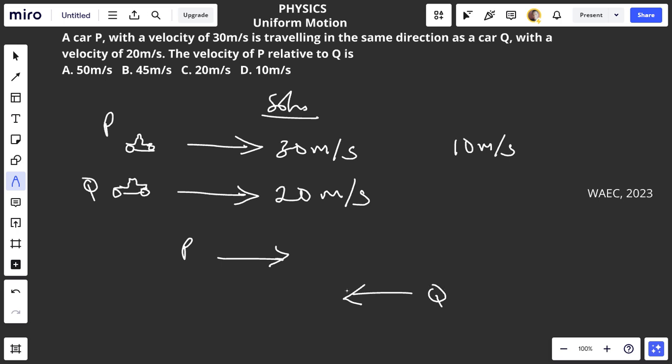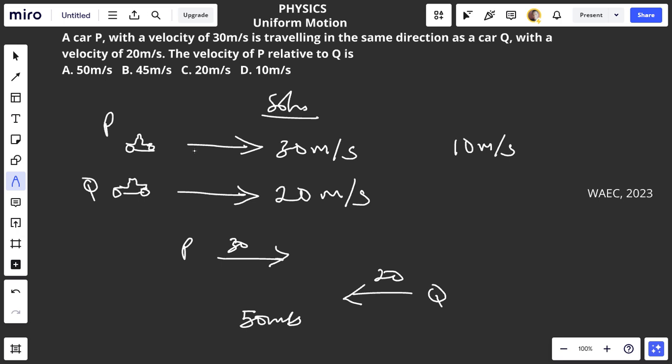But since it's traveling in the opposite direction to you, the speed difference will be so high. So if this one was 30 and this one was 20, P will see Q coming with the speed of 50, while Q will see P coming with the speed of 50 meters per second.